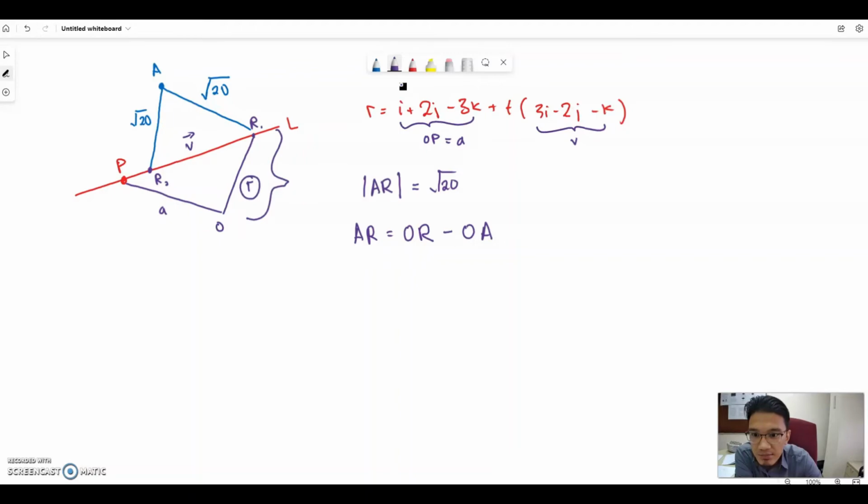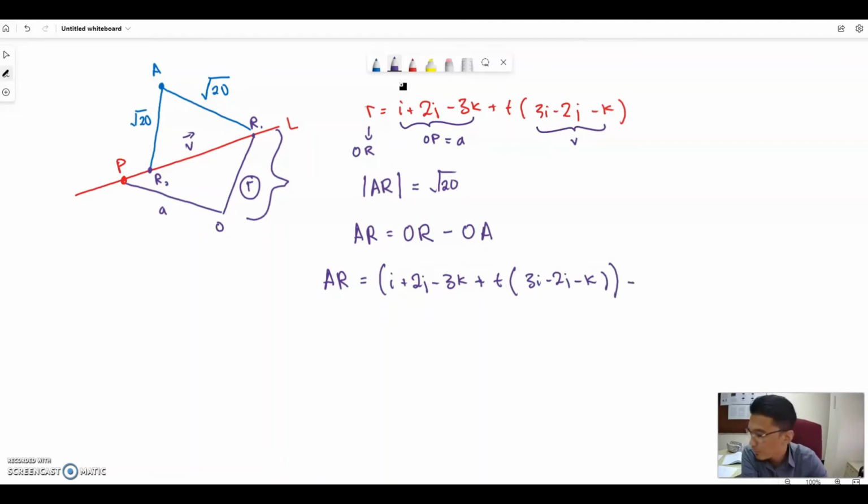Okay, represented by this vector R right here. So this is the OR. So we can say AR equals I plus 2J plus t(3I minus 2J minus K), and then minus vector OA.